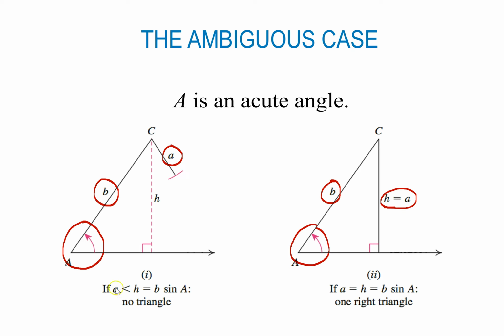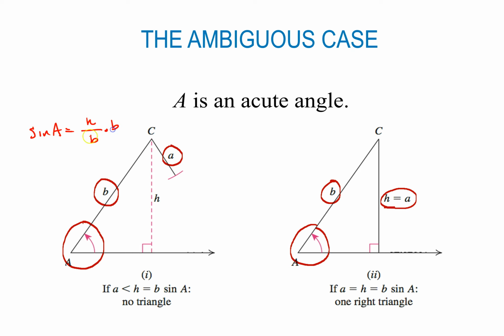So if A is less than H, we're going to do our test points. Now what does H come from? H is the definition of sine. Sine of A is equal to the opposite side over the hypotenuse.